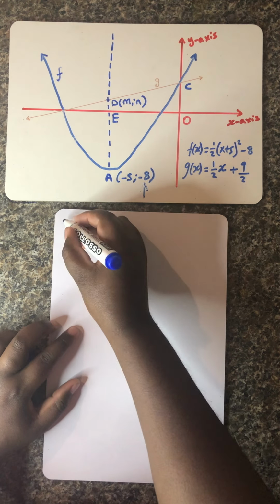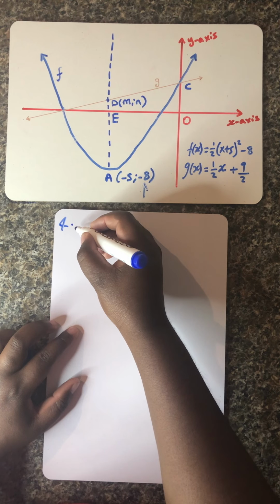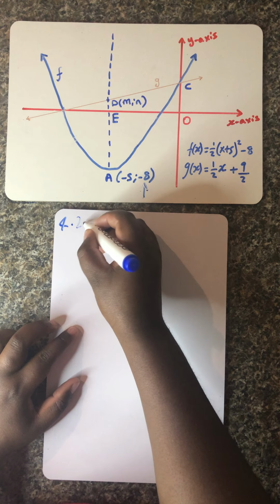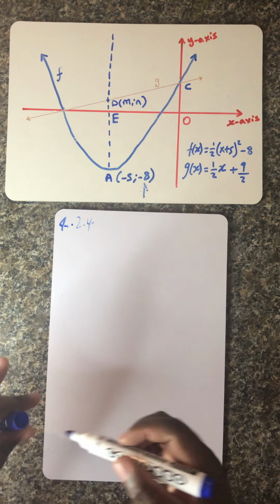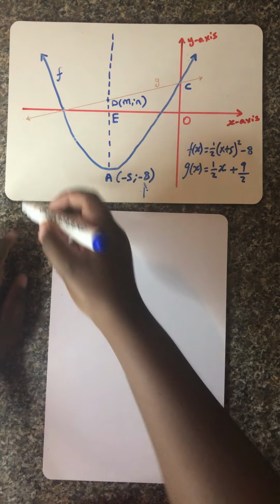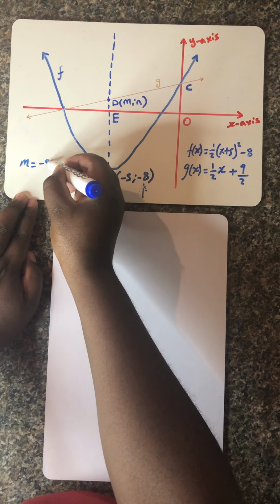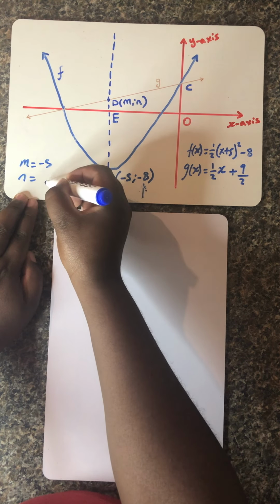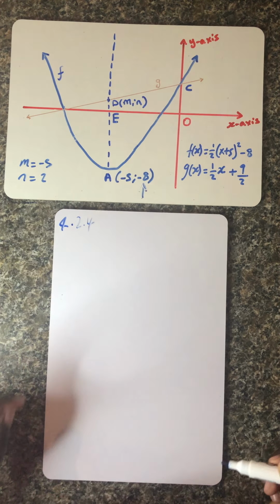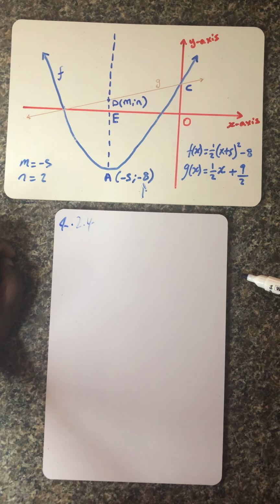Guys, now let's move to question 4. What is it? It's 4.2.4, right? So this is the question that we'll be doing. Guys, I hope from the previous question, you will just say m is equal to -5, n is equal to 2. Okay, so that means that point, how do I do it?